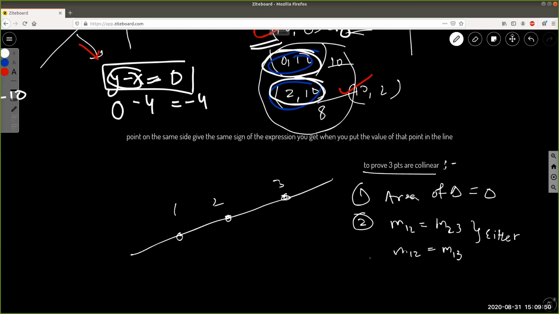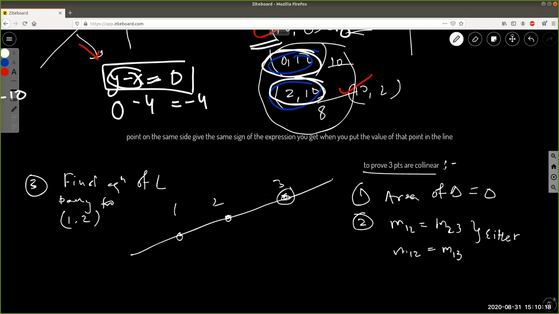What else can you do? You can find the equation of the line passing through 1 and 2, and then check whether the third point is lying on that line or not.